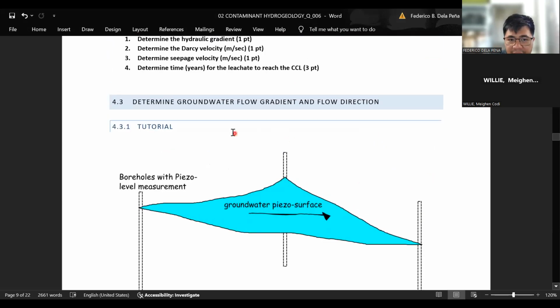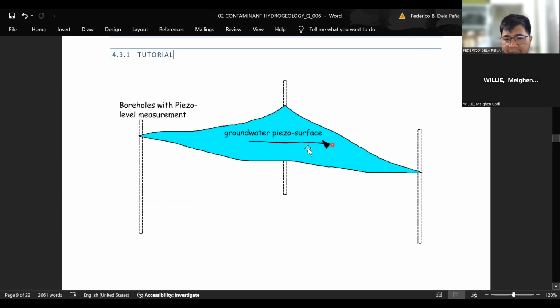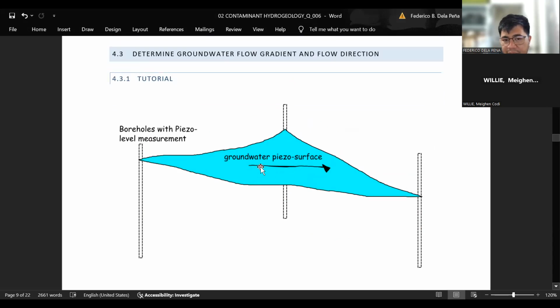In the case of groundwater flow, you can imagine the groundwater is actually not a flat surface. Groundwater actually has an inclination. Groundwater basically is always inclined. That's why it's flowing.